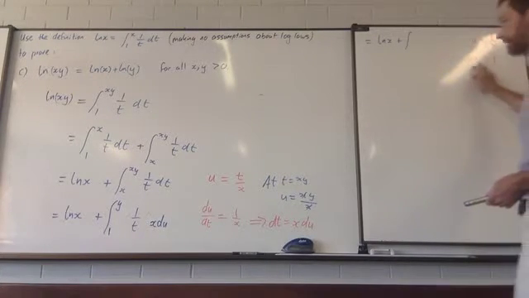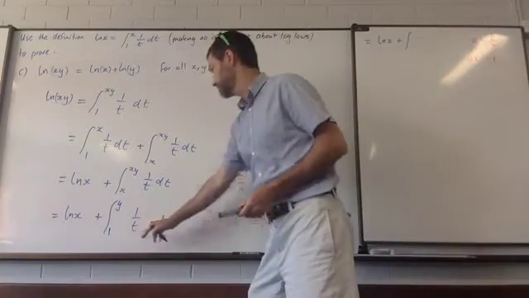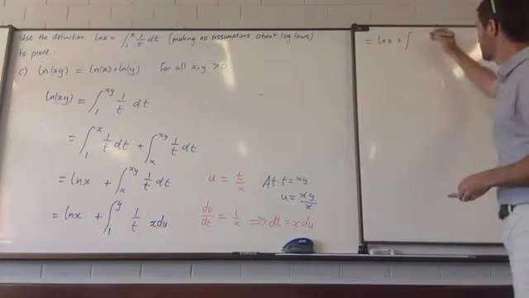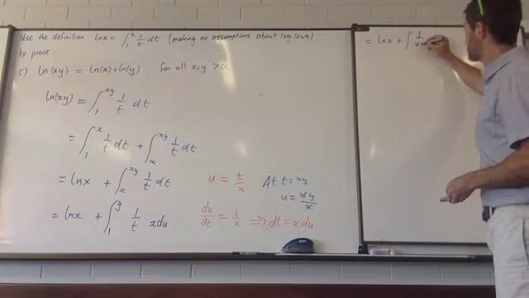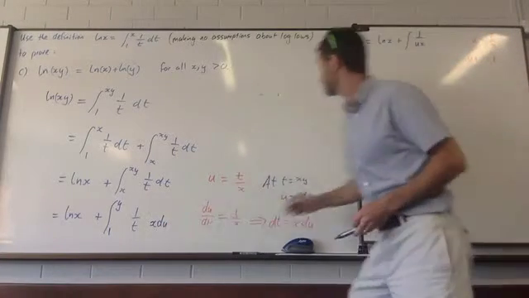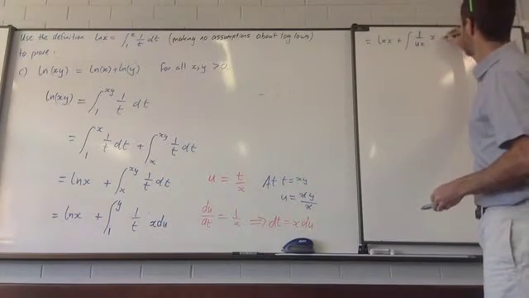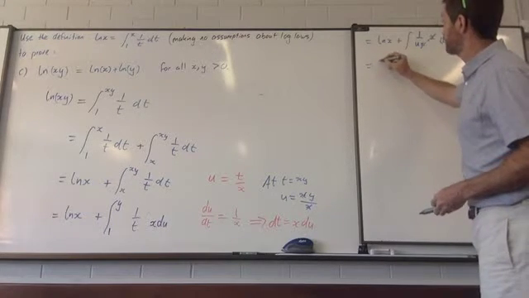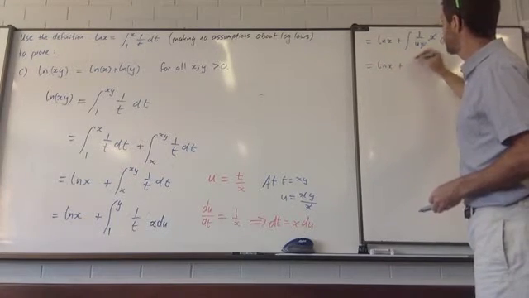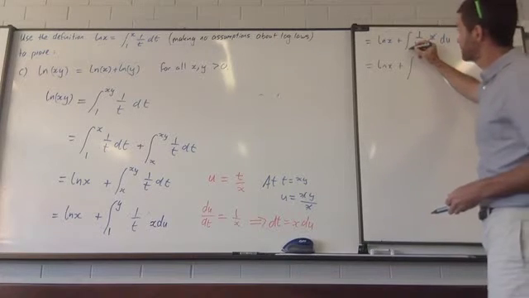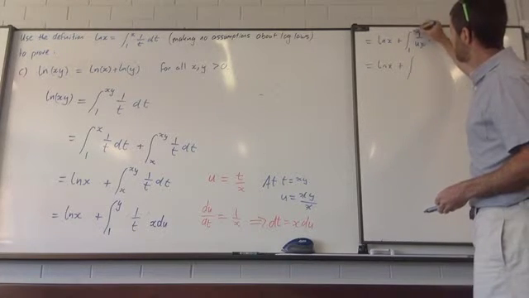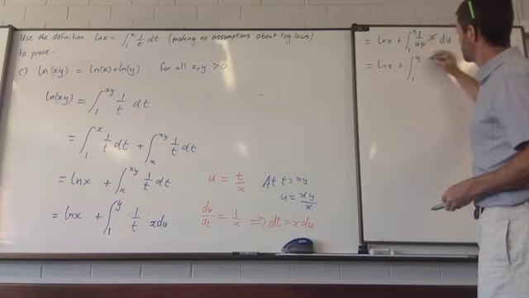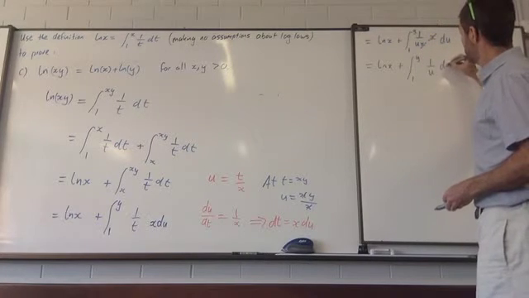So we can substitute that in for t. We get 1 over ux, and the x value there is going to cancel with the x in du. Those x's cancel, and we're left with natural log of x plus the integral, and I'd better put my boundaries back in there, of 1 over u du.